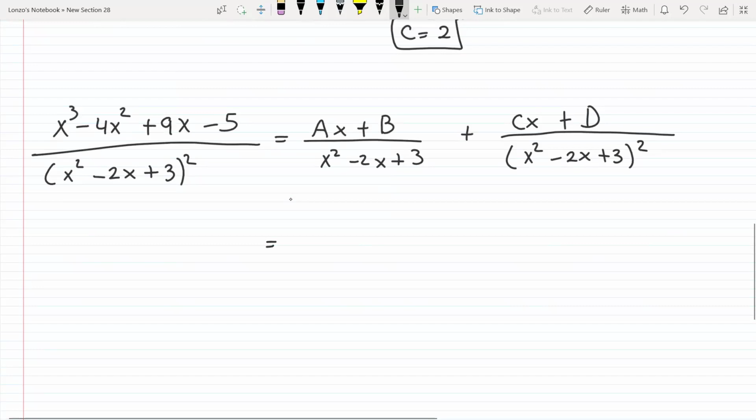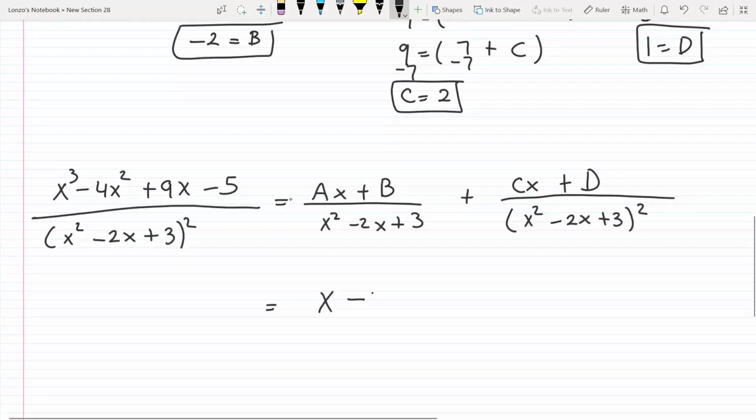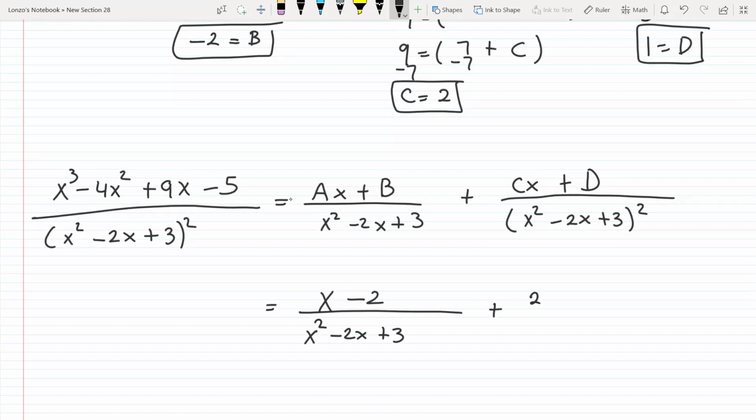So your final answer would be expressed as x, because a is 1, and my b value is negative 2, so it's x minus 2 over x squared minus 2x plus 3, plus c value is 2, so it's 2x plus my d value is 1, all over x squared minus 2x plus 3 squared.